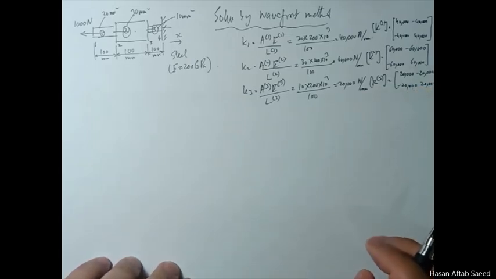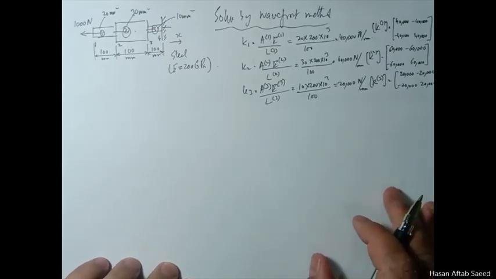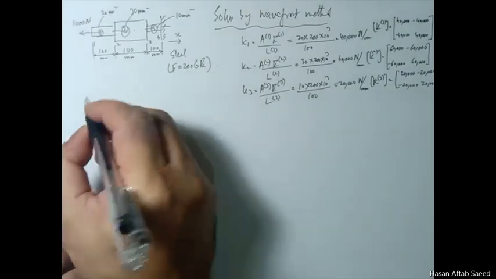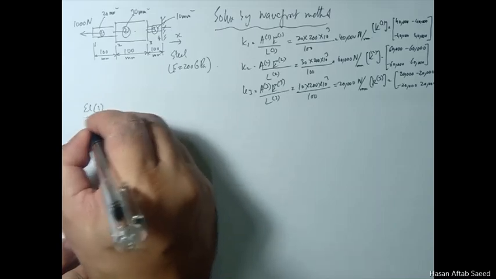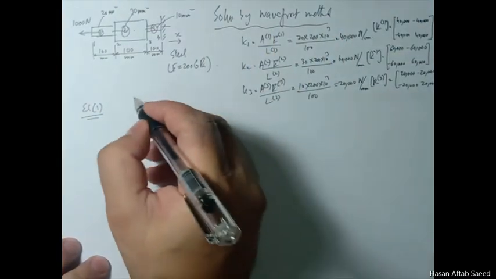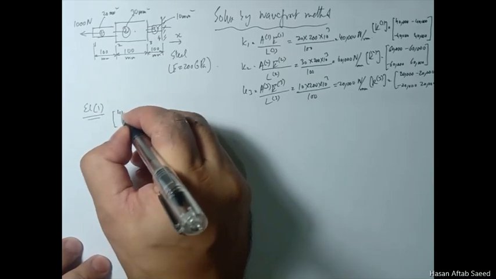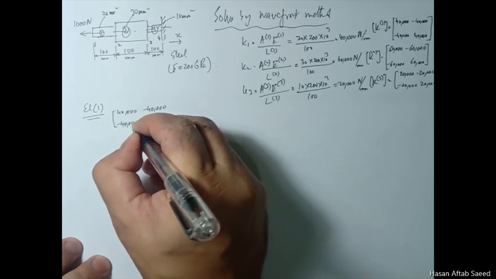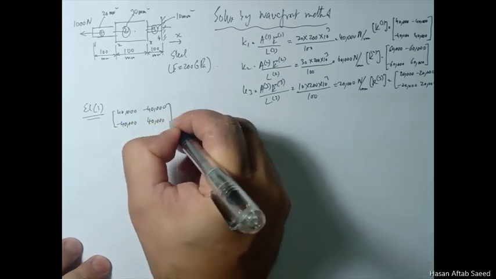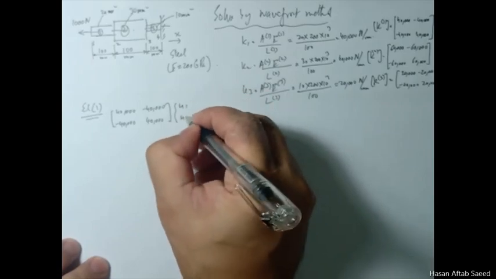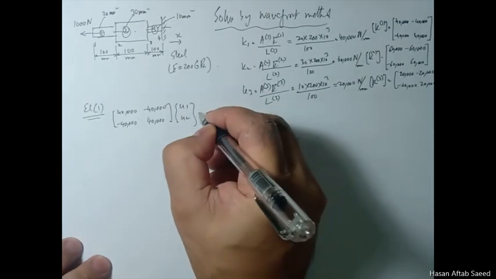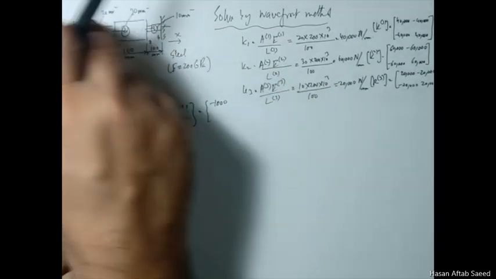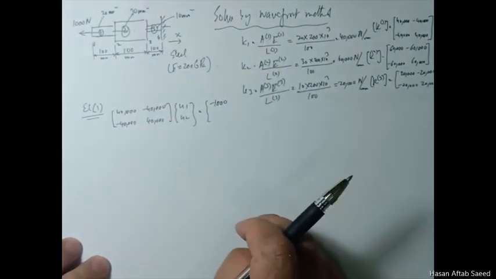So now we have this situation where we have all the values. Now we take up element number 1. We always start with element 1. Element 1 is very simple. 40,000, minus 40,000, minus 40,000, 40,000, times U1, U2, is equal to minus 1,000, minus because it is opposite to the positive x direction.